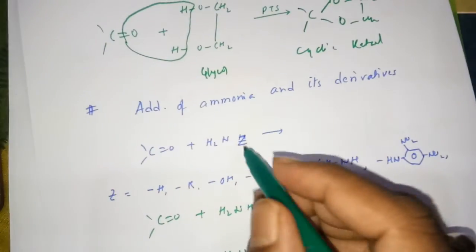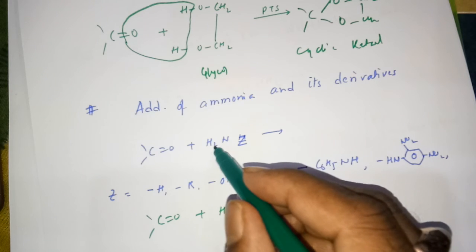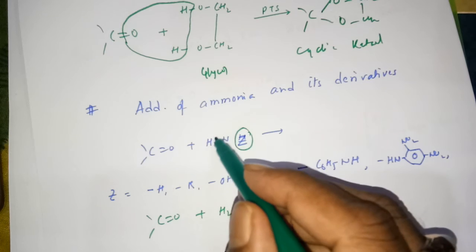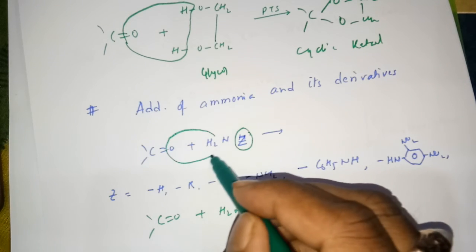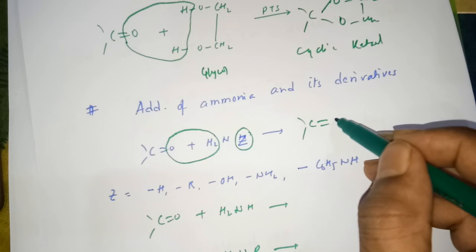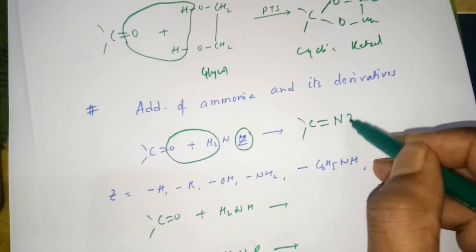Addition of ammonia. Ammonia is NH3, actually NH2 and another hydrogen, in place of which we put the Z. In this reaction also there is a loss of water to get the product. In almost all these reactions, loss of water gives you the product.